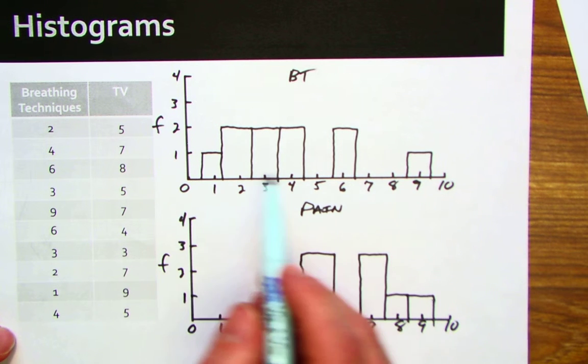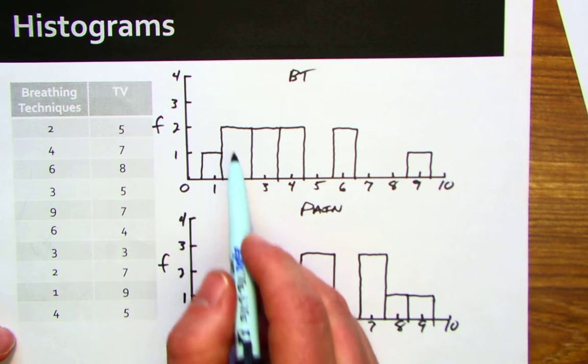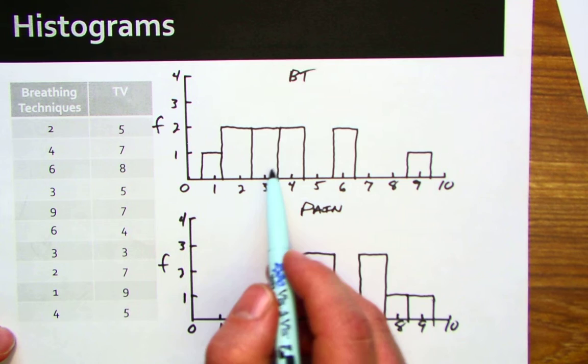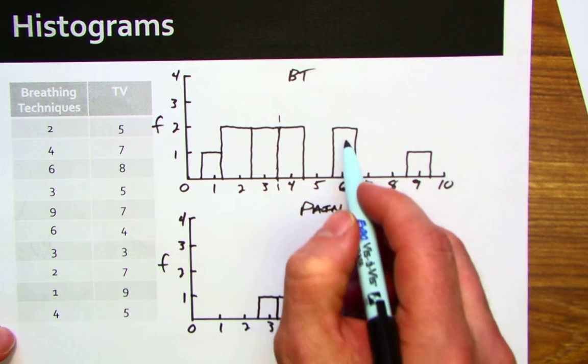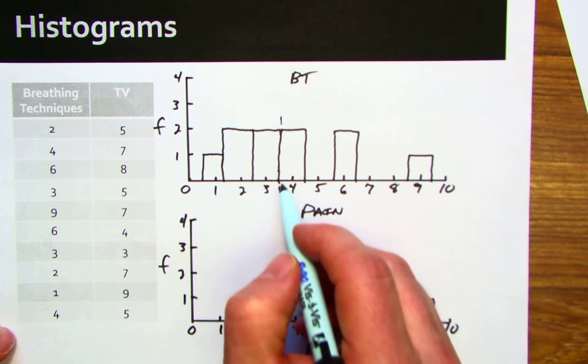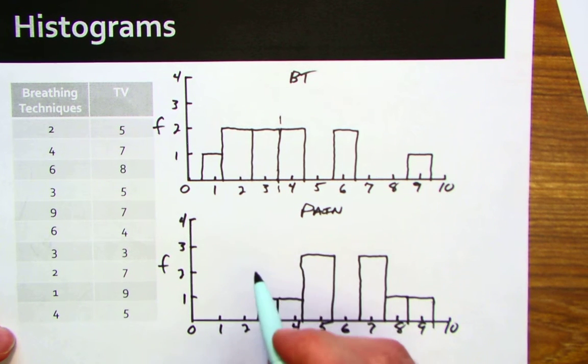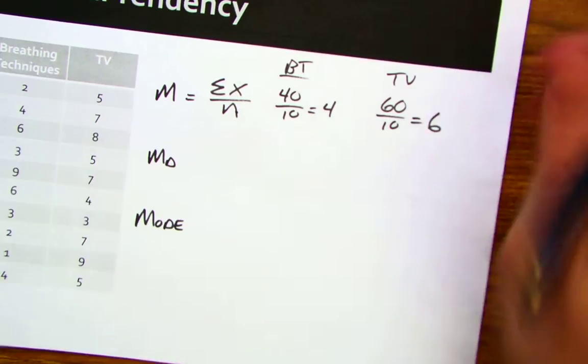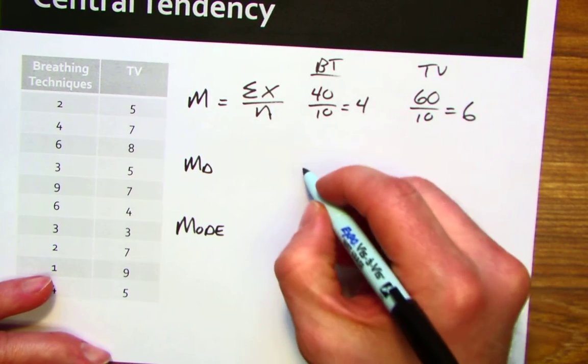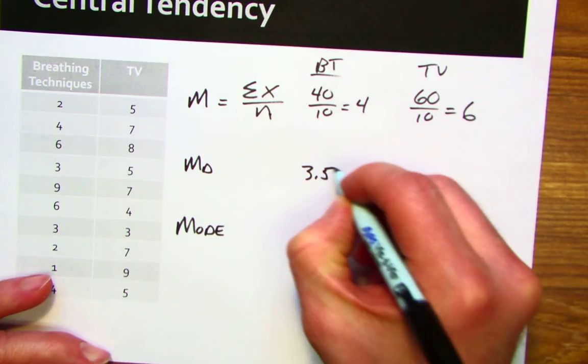If there's 10 scores, we have 1, 2, 3, 4, 5. Here is the midpoint. 1, 2, 3, 4, 5. Our midpoint is right in between there. Our midpoint would be 3.5 for the breathing techniques group. So median here is 3.5.